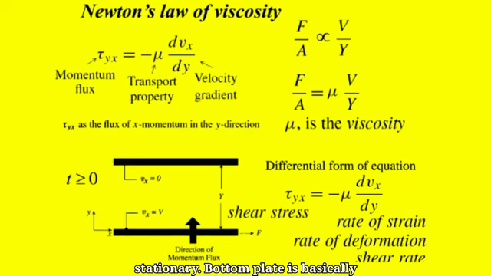The honey near the moving plate moves faster, and the honey near the stationary plate moves slower. This difference in velocity across the layer creates a velocity gradient. The honey resists the motion due to its internal friction, that's viscosity.